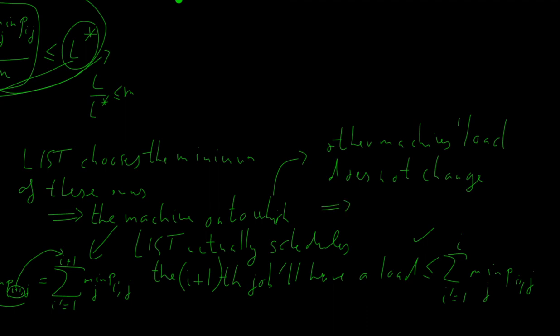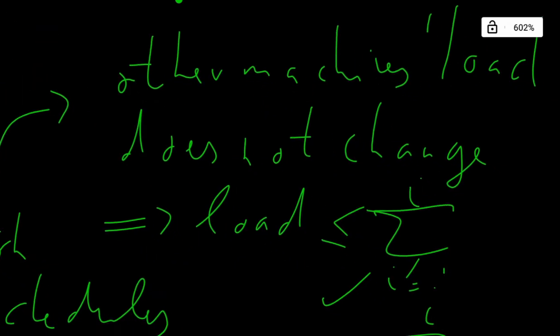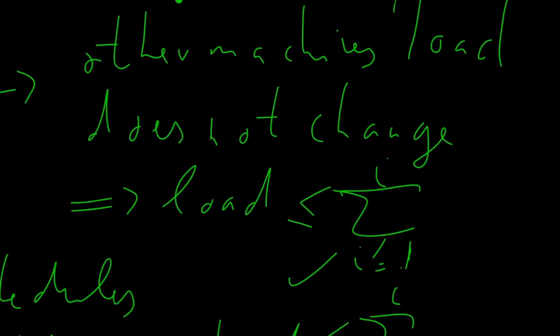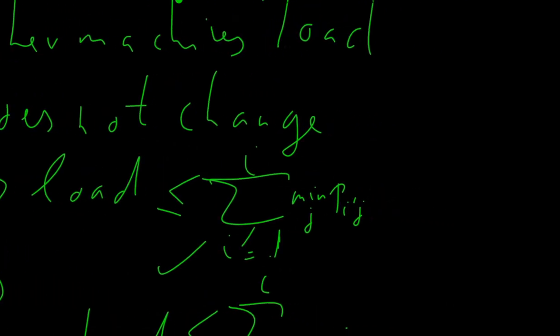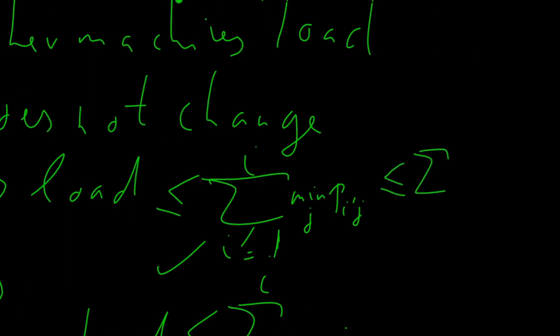Which means that their load is at most the sum from i prime going from 1 till i, of the minimum of these p_{i',j}'s, by the induction hypothesis. And since we have non-negative costs always, it's at most the sum.